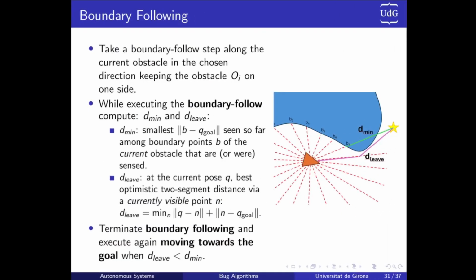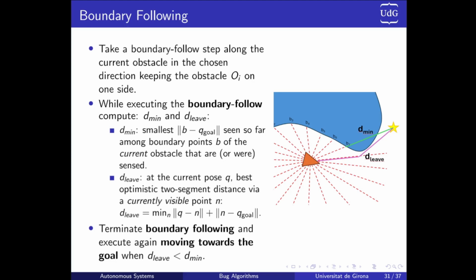I think they are here. Yeah? The first distance that we will measure is for each point that we can sense with our range sensors in the perimeter of the obstacle. We will measure the distance from B7 to goal, B6 to goal, B5 to goal, etc. All the points to the goal.